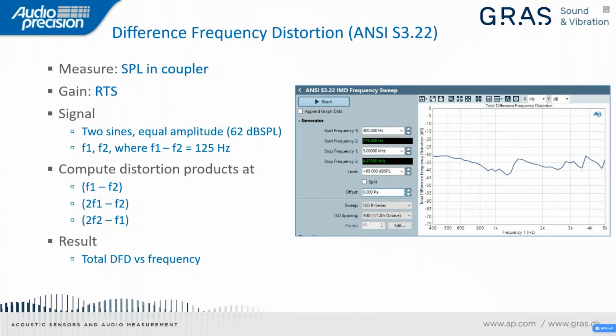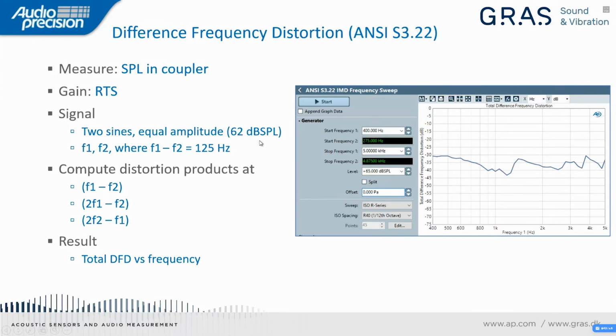For ANSI S3.22, it is called difference frequency distortion. The gain of the hearing aid is at RTS, and the input signal is two sine waves of equal amplitude at 62 dB/SPL. The 2 frequencies are F1 and F2, where the difference between them, F1 minus F2, is 125 hertz. Note that for the ANSI standard, F1 is the higher of the 2 frequencies.